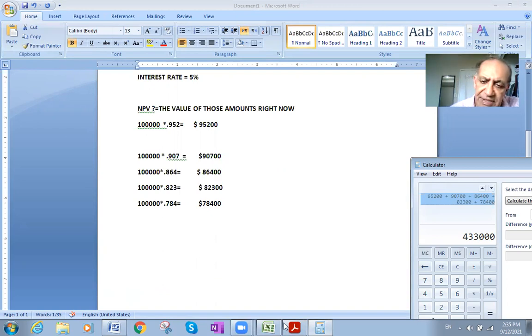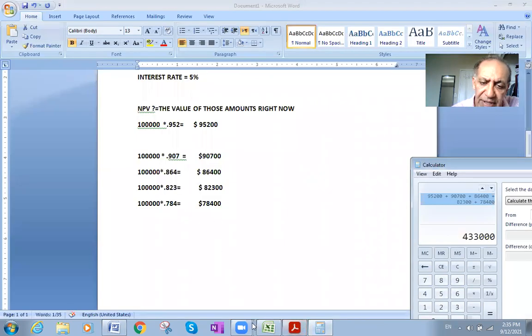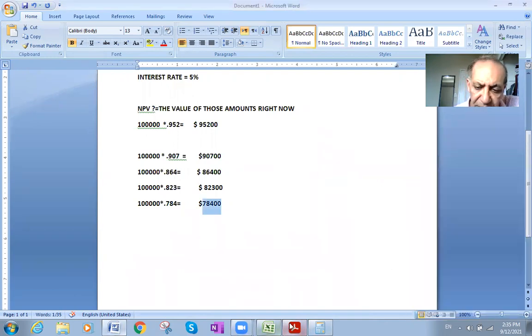Those differences are due to the digits you take after the point. If I take 4 or 5 more digits, that will leave no gap between the results. But this does not mean that we are wrong. We are right. It's 433, and here it is 432.947 on the spreadsheet.